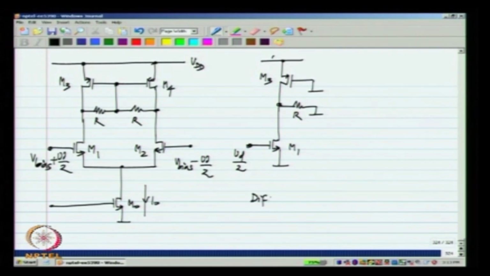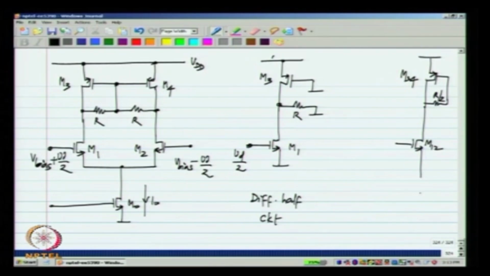This is the differential half circuit, and the common mode half circuit is obtained by folding the two halves together, which gives me M34 and R by 2 and M12 and M0, and here we just have V bias.